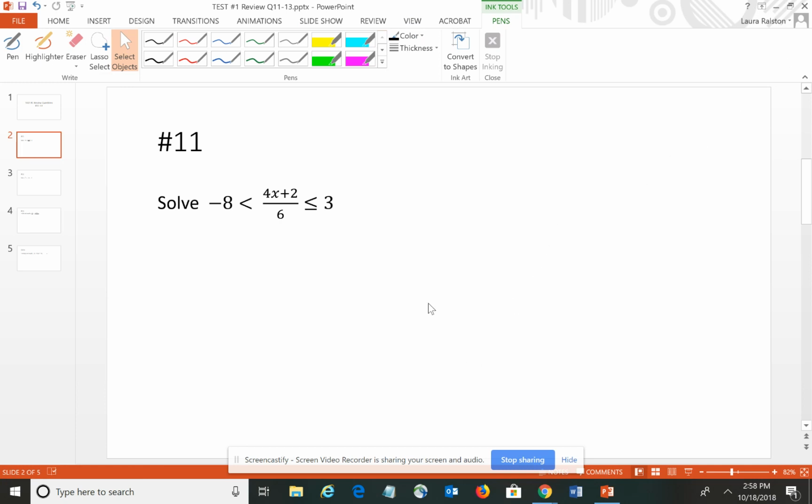And the first thing that I would like to do is get rid of the fraction, or the division by 6. And so to do that, I'm going to multiply the entire inequality by 6, and I'm going to write that out. So I'd have 6 times negative 8 is less than 4x plus 2 over 6 times 6 over 1 is less than or equal to 3 times 6.